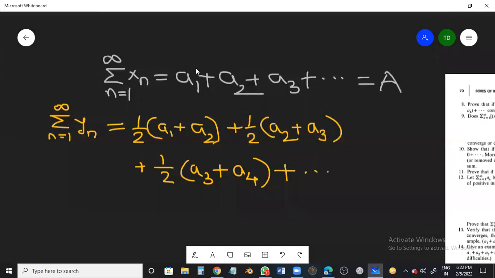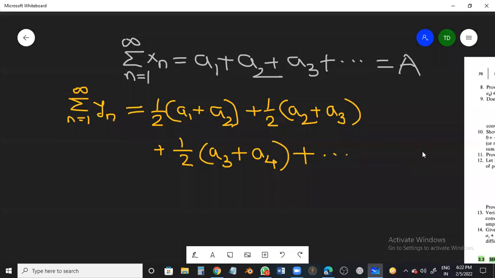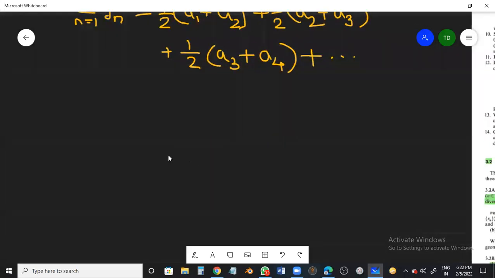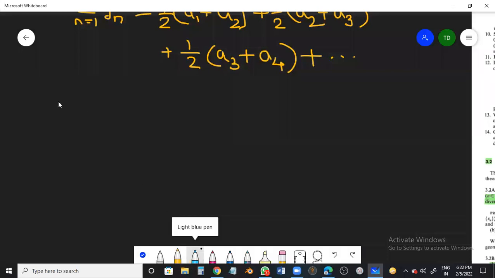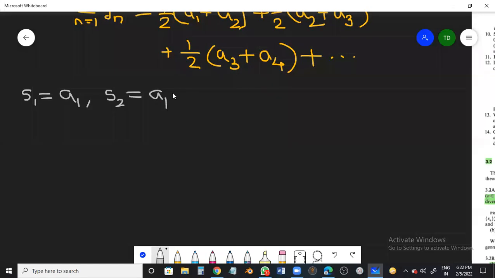Now they have given us that this particular series is converging to A, means the corresponding sequence of partial sums converges to A. So let us denote the sequence of partial sums by S. So S1 is A1, S2 is A1 plus A2, S3 is A1 plus A2 plus A3.